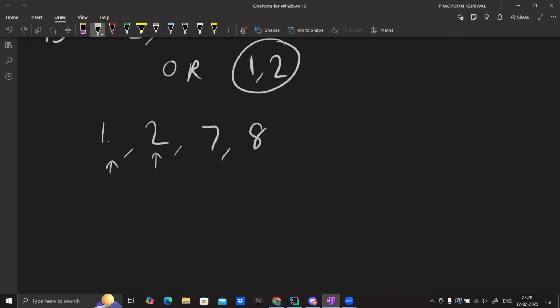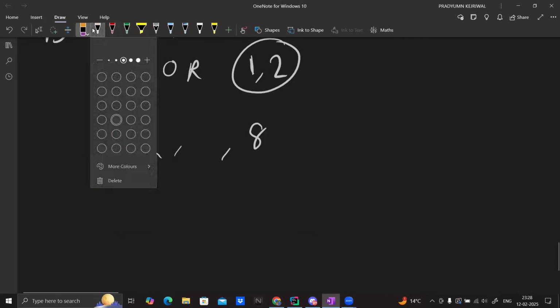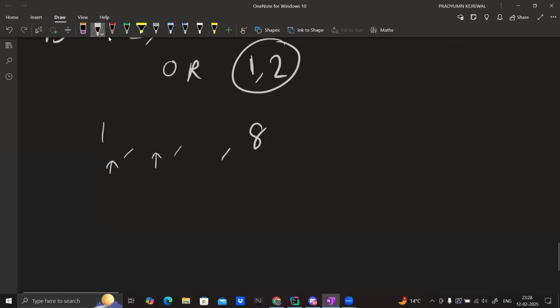So I'll do that. So I'll put 1, 2 here. Okay. And again, here you can see that this 2 I can reduce to 1. So I'll again put 1, 2 here.